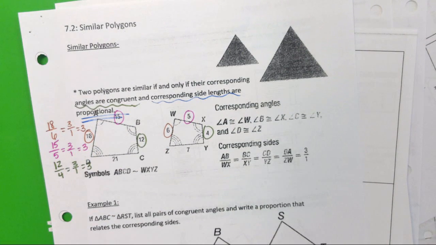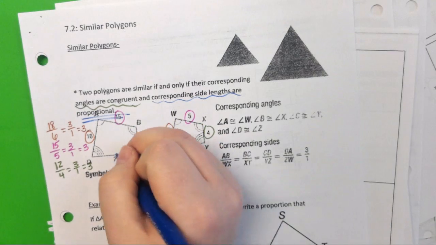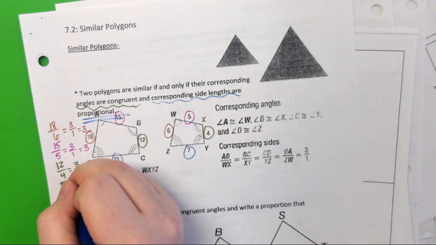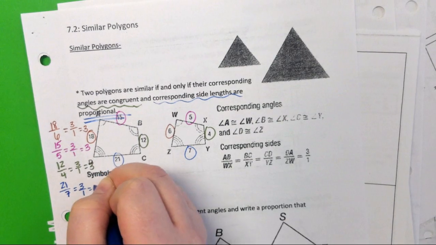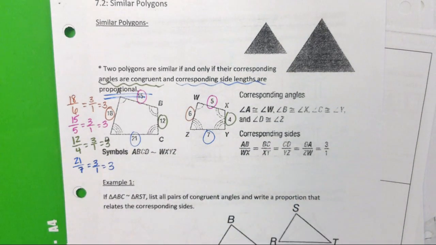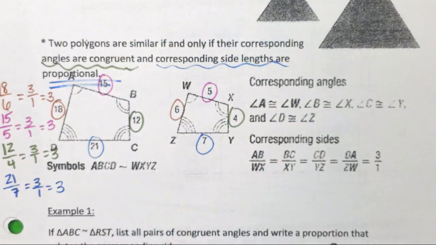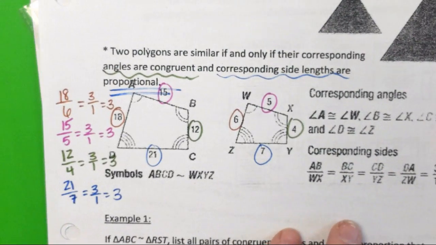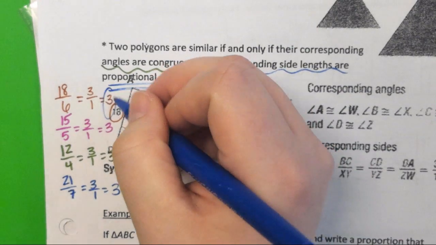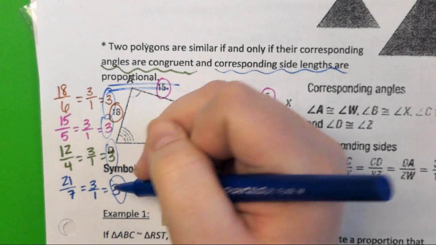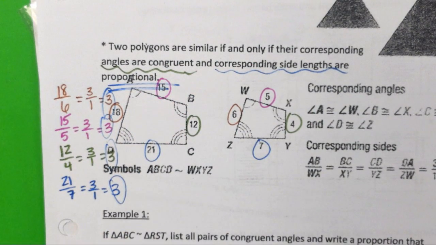And last but not least, I'm going to do 21 over 7, which reduces to 3 over 1, which is just 3. You seriously do need to check all the sides of the shape. If you keep getting the same number every time you make a comparison, that number is the scale factor.